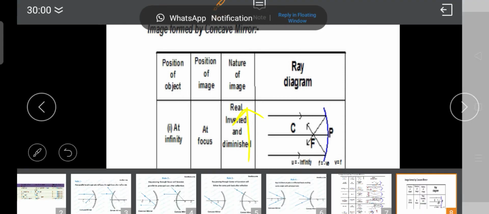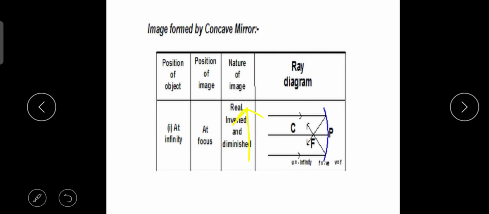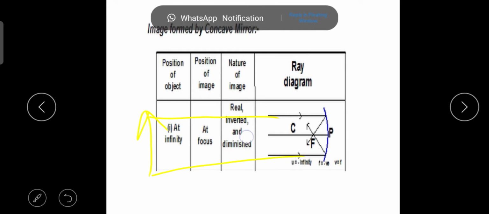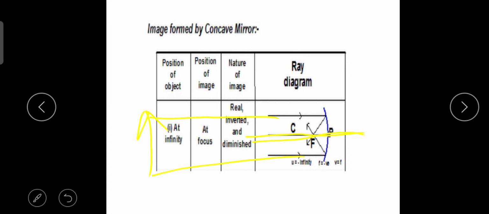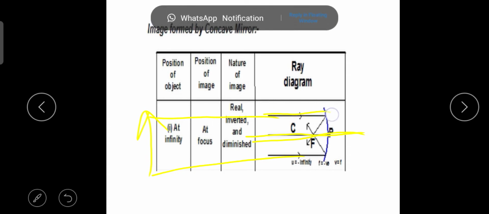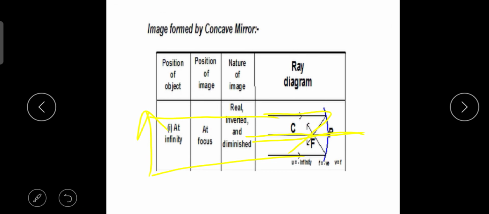It can be placed at an infinite position, then the rays hitting will be parallel to the principal axis. This is the principal axis, so the rays will be reflected back through the principal focus. So here the image is drawn.